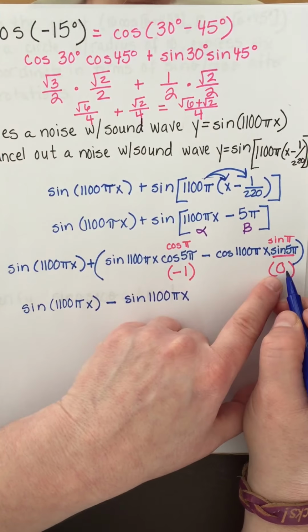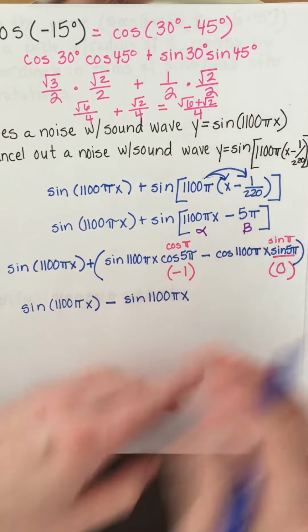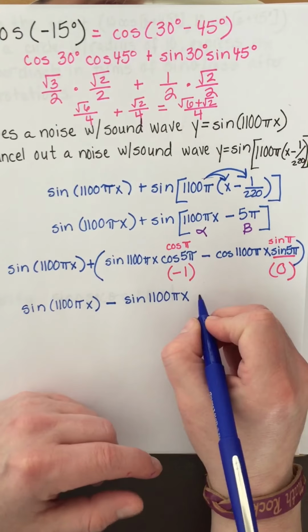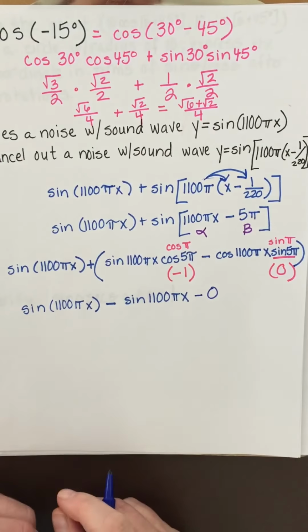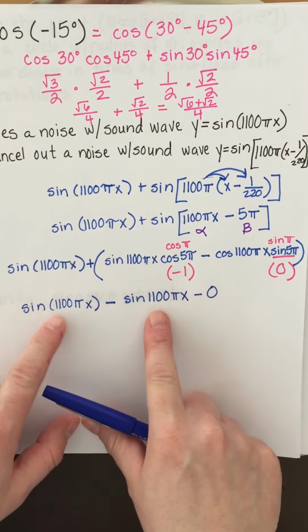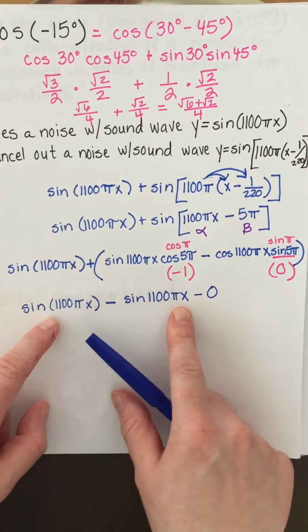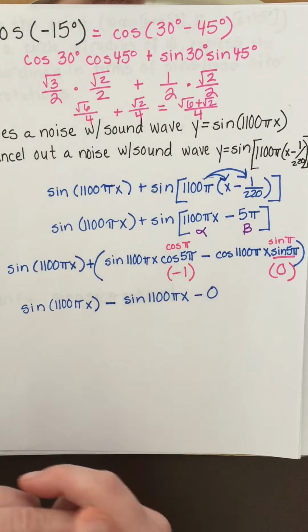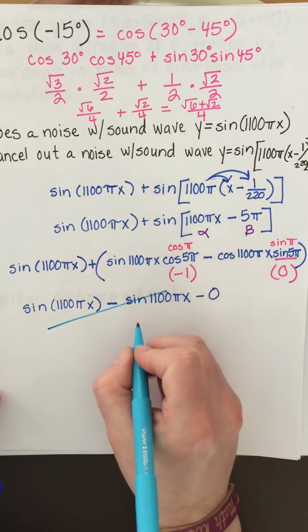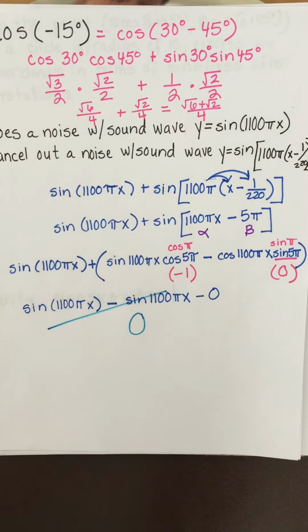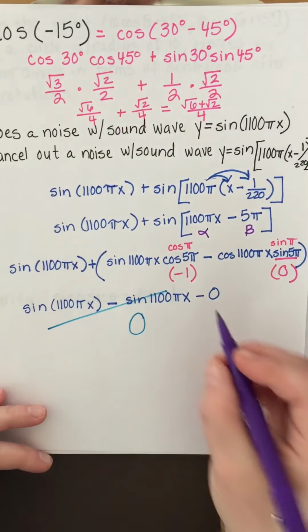And then if this is 0, 0 times this stuff is just going to go away, right? Because 0 times anything is 0. So I can write the minus 0 for right now if it makes it feel better. And what about this? I can combine these, or like terms, they're exactly the same thing. I have a sine of 1100 pi x minus the sine of 1100 pi x. Those are going to go away, and I am left with a great big fat 0. So, do they cancel each other out? Yes, they do.